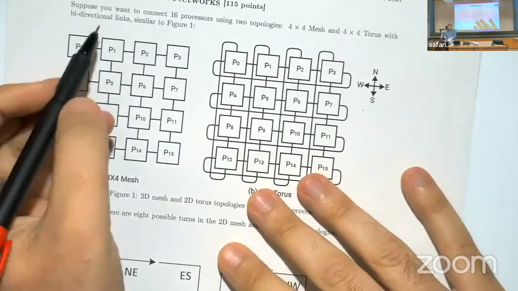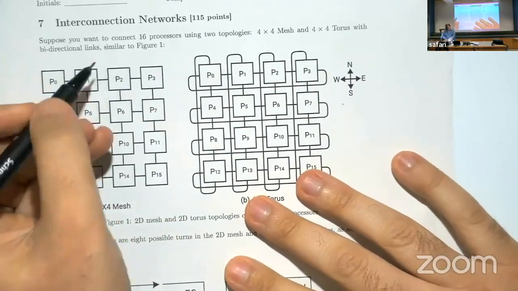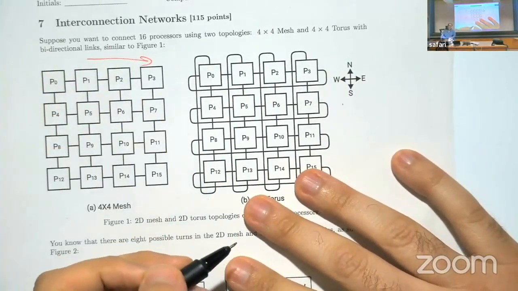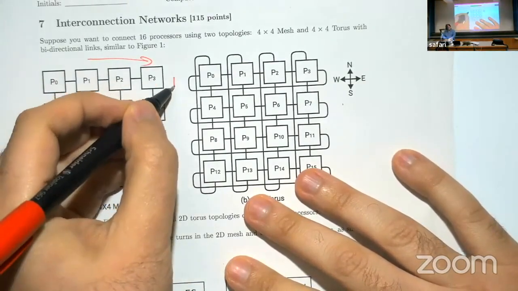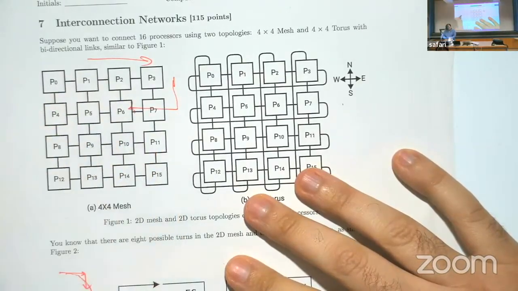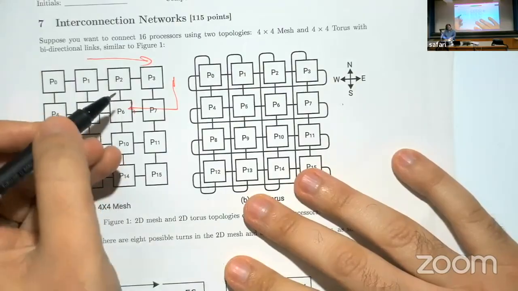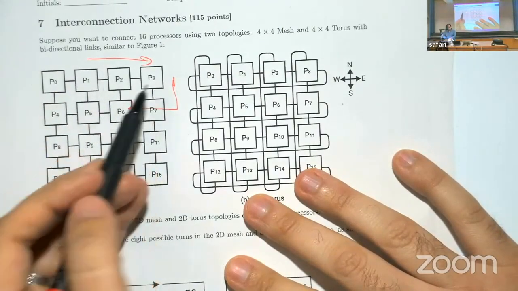For example, processor P1 is sending a packet to P3.